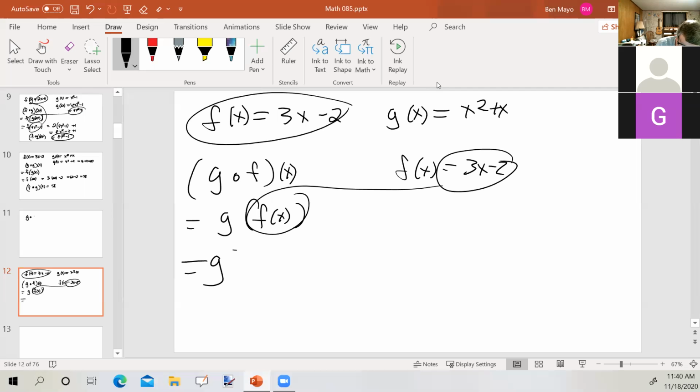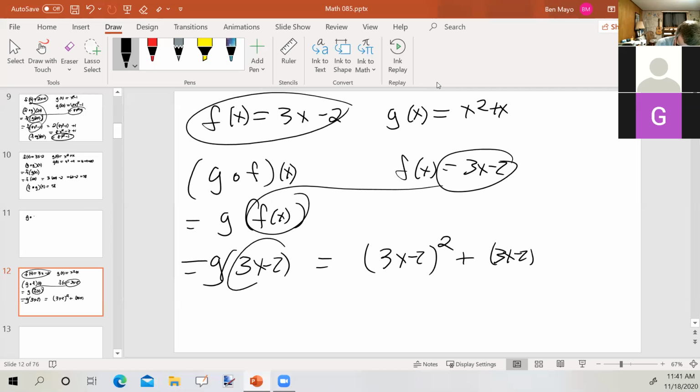So now we're going to get g of 3x minus 2, which is 3x minus 2 squared plus 3x minus 2, putting all of that up here.